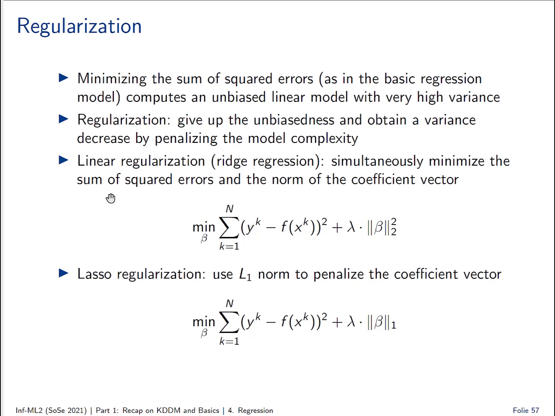So this is linear regression or ridge regression. The lasso regression uses the L1 norm here to penalize. You see the square of the norm is missing. So it's basically the same idea, and both are working in the same direction. The basic idea here is that they penalize the size of the model, meaning the complexity of the model. So intuitively the size or the number of coefficients.